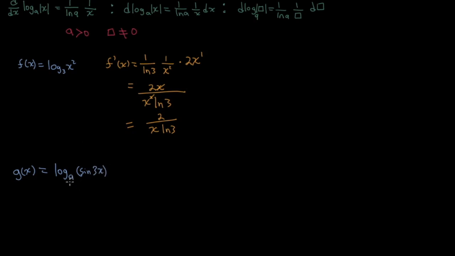Now keep in mind I haven't really given you an explicit number. a is just some random constant. So what would be our derivative g prime of x? Well, it'll be the exact same steps.